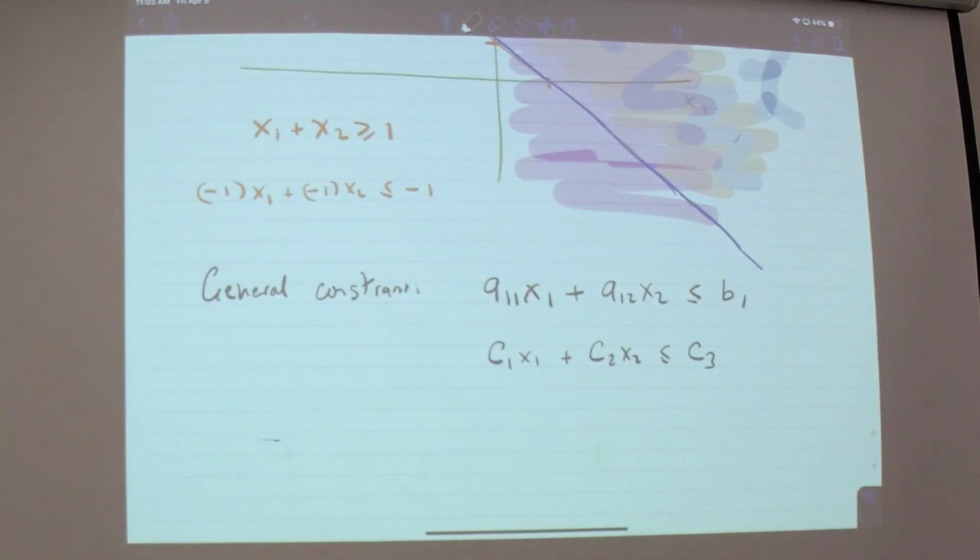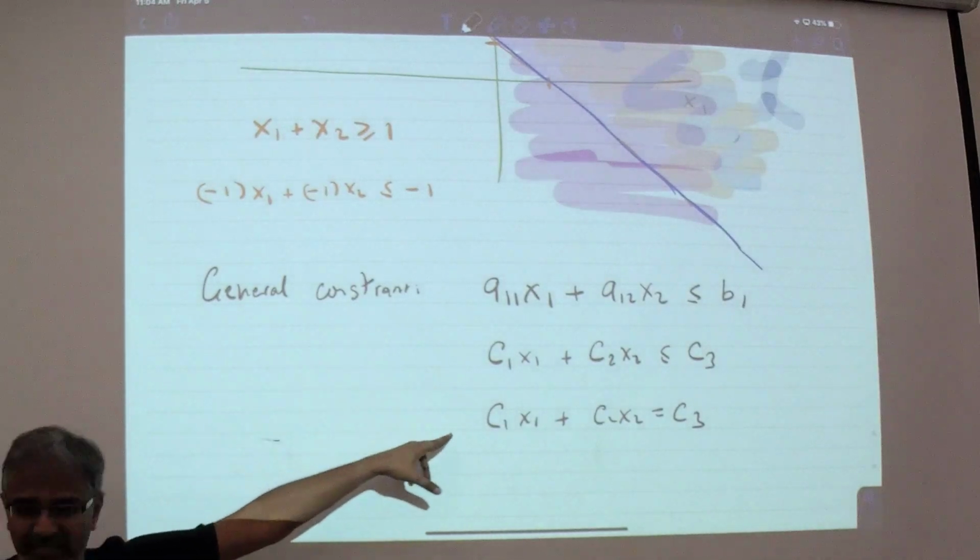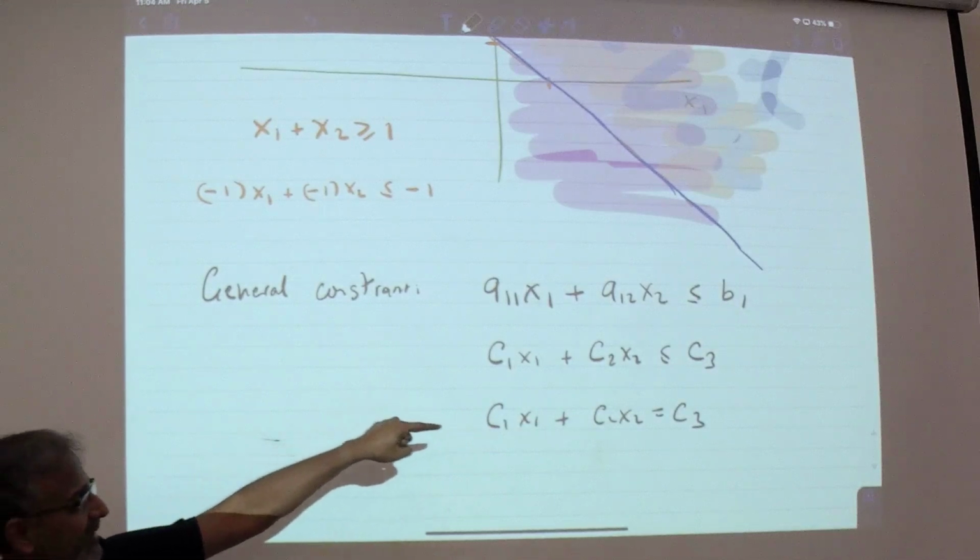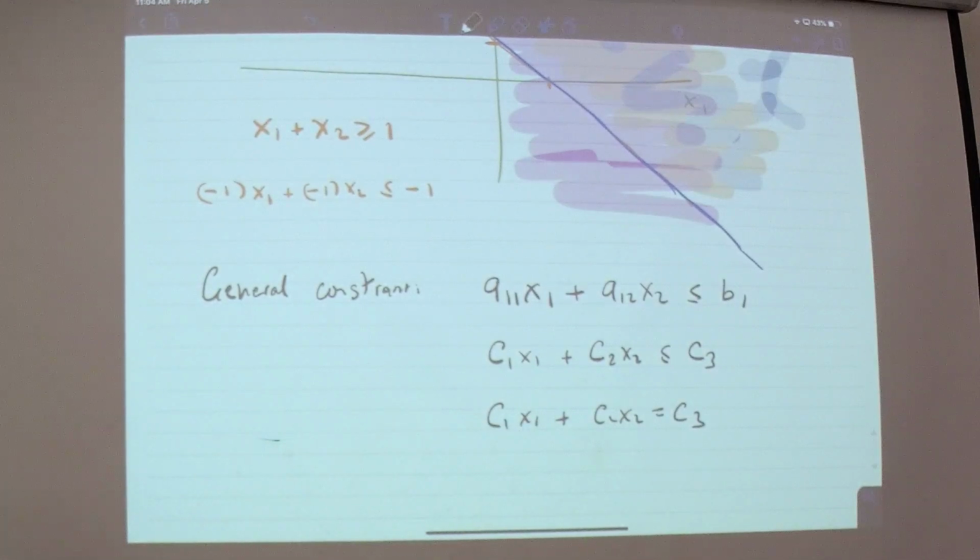If we replace this by an equality, the edge of this looks like this. But this, of course, as we know, is the equation of a line in 2 dimensions. This is what a line looks like in 2 dimensions. Every line in 2 dimensions looks like this. And so what we're saying is that the edge of this region of feasibility is a line, and everything on one side of it, depending on the inequality, is what you want.